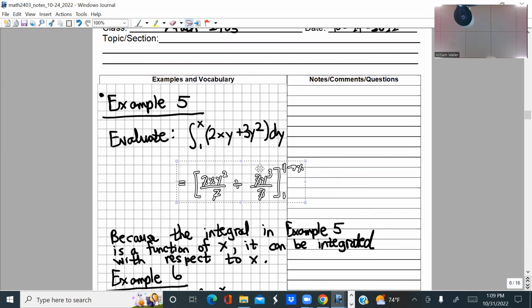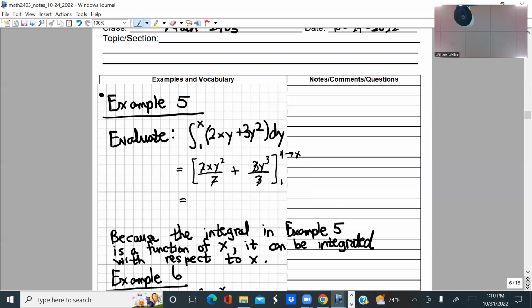As I mentioned, since we already know what the antiderivative is for 2xy plus 3y squared with respect to y, all we have to do is change our top limit of integration here from 4 to x. So let's see what happens when we do that.